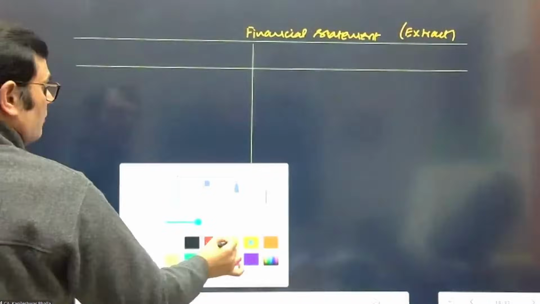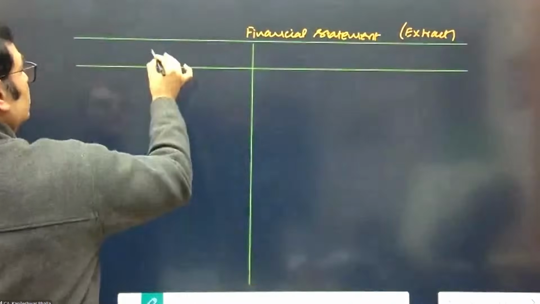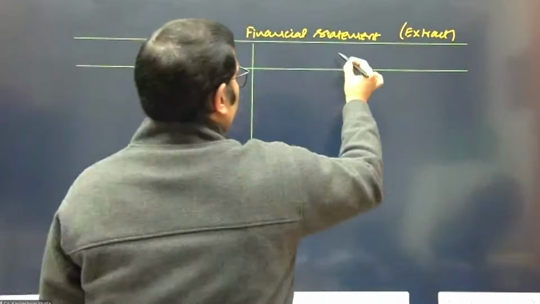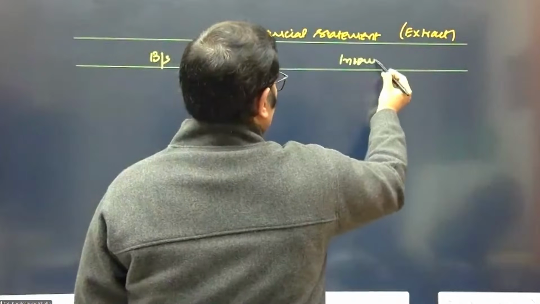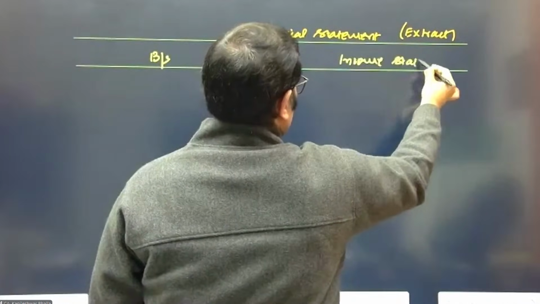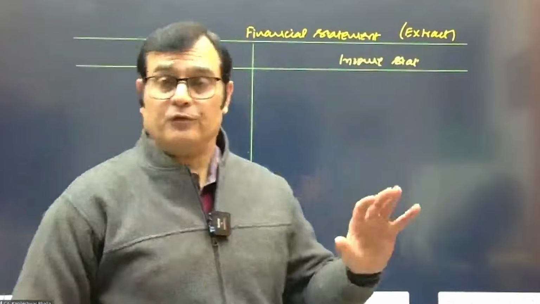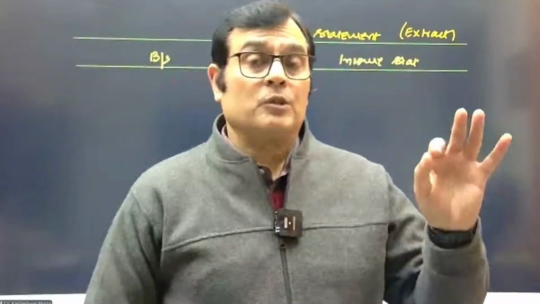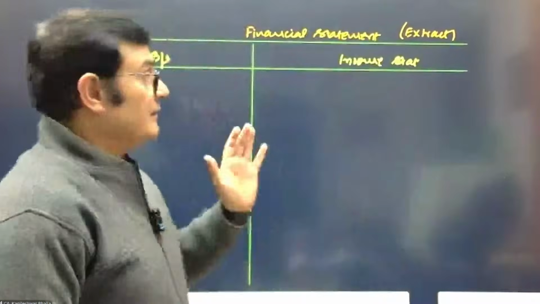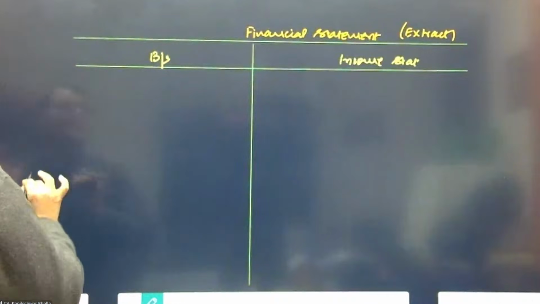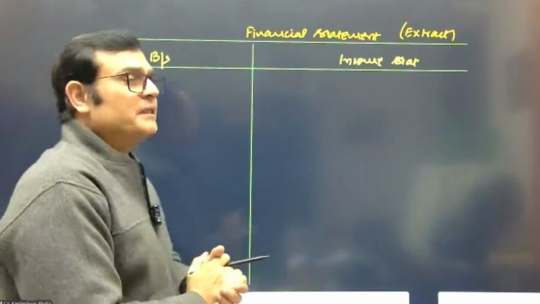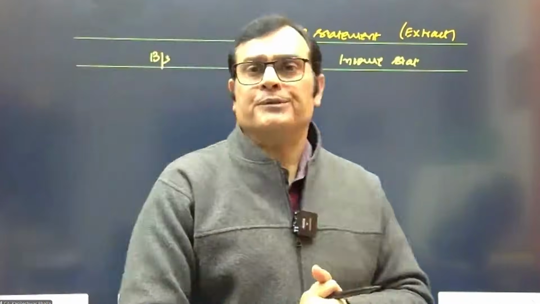So the two components of my financial statements, one is the balance sheet and one is the income statement. Now, I think at least let's get the structure. If you want, we can compute the figures as well. So when you show the balance sheet, there is a loan. Now tell me, is this loan going to be current or non-current in nature?